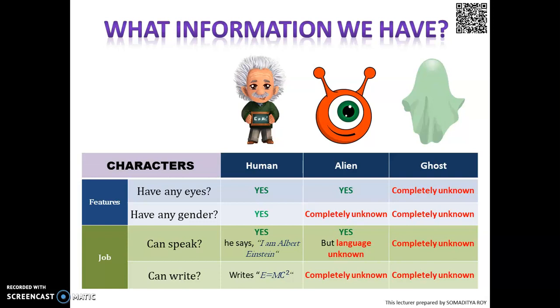Whether human have eyes or not. Yes, human have eyes. As far as our alien is concerned, yes, our alien too has eyes. What about ghost? No. We don't know whether the ghost has any eyes or not, how it looks like and all.